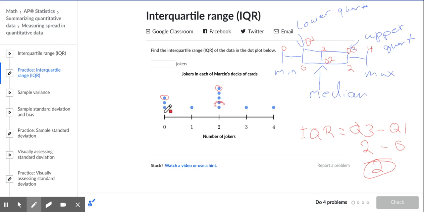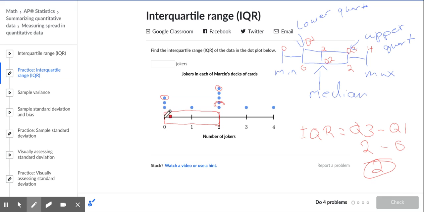If I were to draw an accurate box and whisker plot for this situation, I would have a box from 0 to 2. The median is my upper quartile, so usually there would be a line in the middle somewhere, but it is this line, so it just looks unusual.